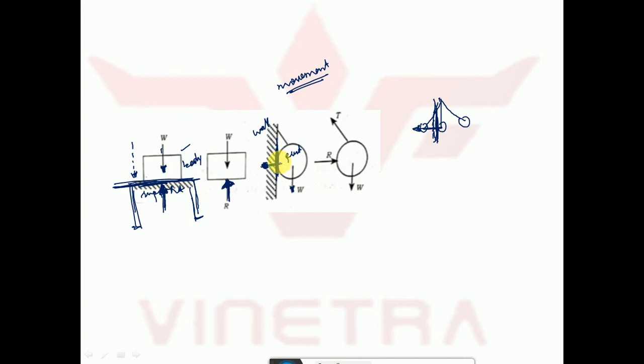So remember this: always the support reaction developed here is perpendicular to the contact surface. To this contact surface, the reaction developed is normal.